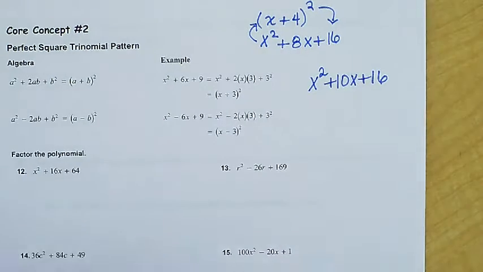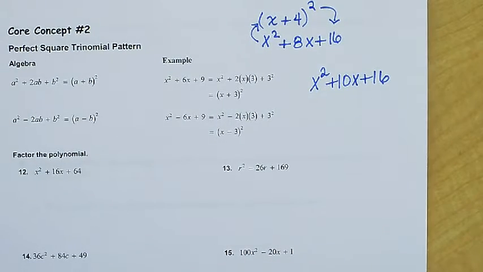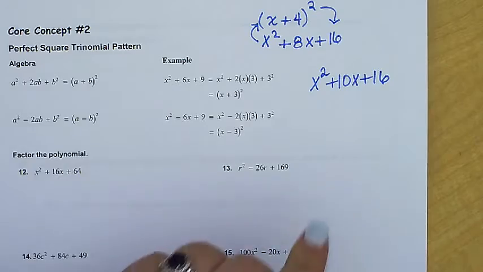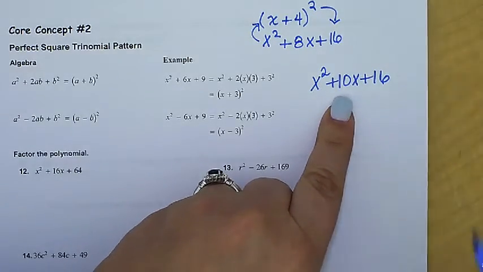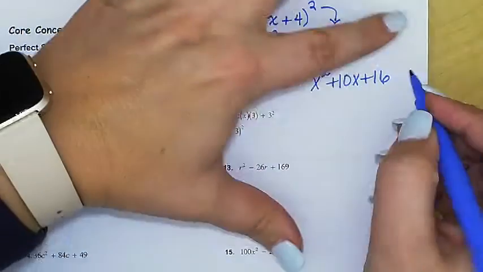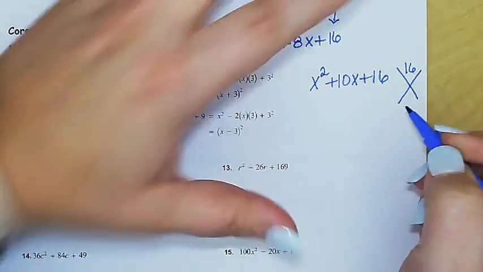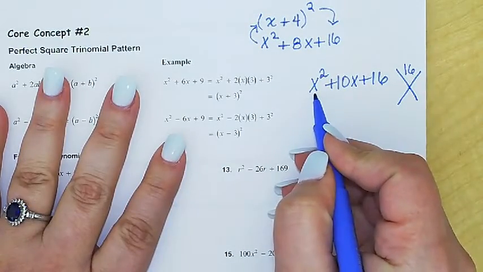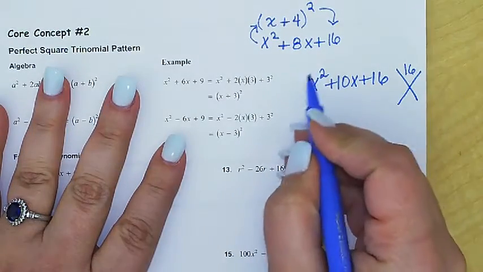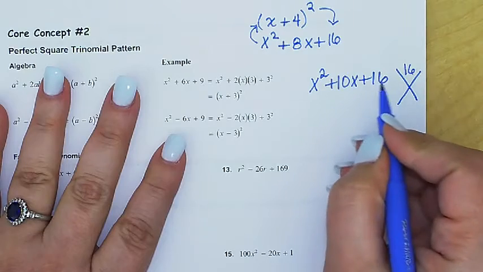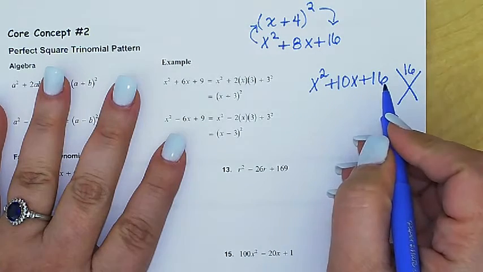So take this trinomial for just a moment. If I were to do this with the magic numbers, I'd be looking for 2 factors of 16 that combine to 10. Now, x squared is a perfect square. 16 is a perfect square, okay?